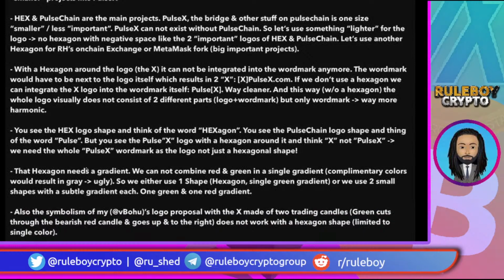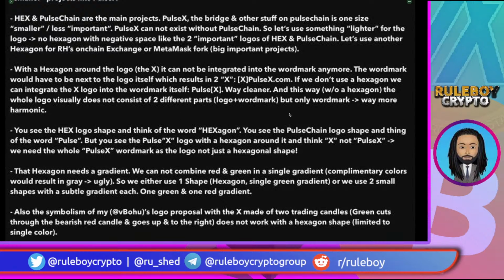So he said again that with a hexagon around the logo, that's the X. With a hexagon around the logo, it cannot be integrated into the word mark. So I'm going to show you the word mark he made here.